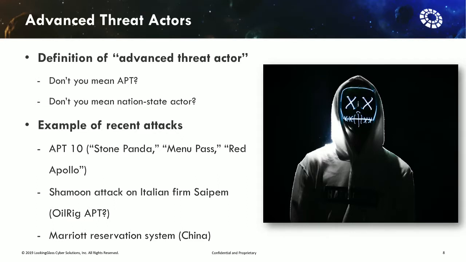And you've also probably heard of nation state actors: China, Iran, North Korea, Russia. How do these terms relate to one another, and are we talking about one when we're talking about the other? In some cases, yes, but in general, an advanced threat actor is not necessarily the same as a nation state actor.